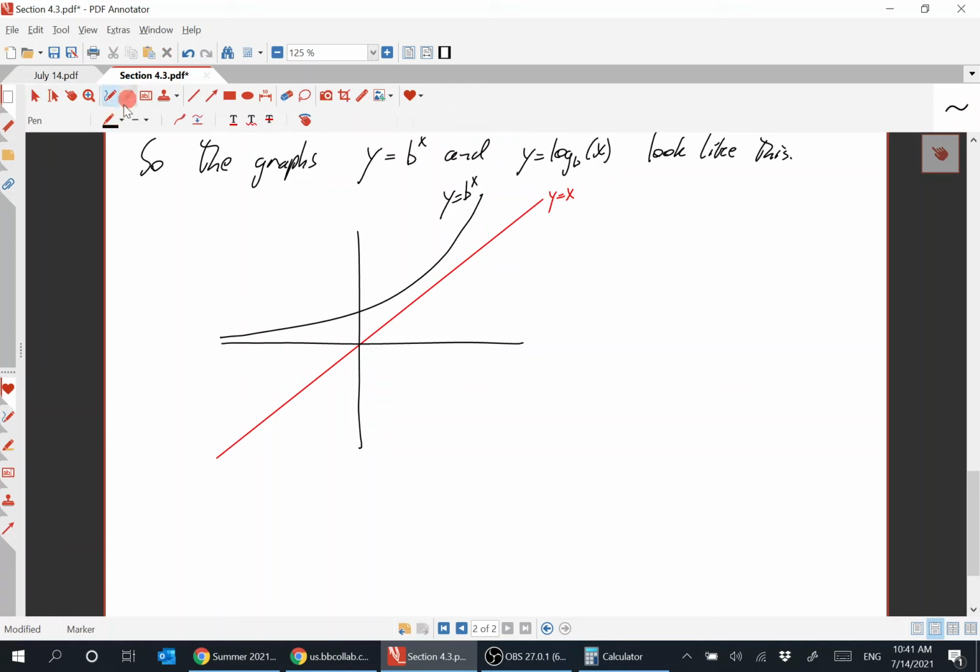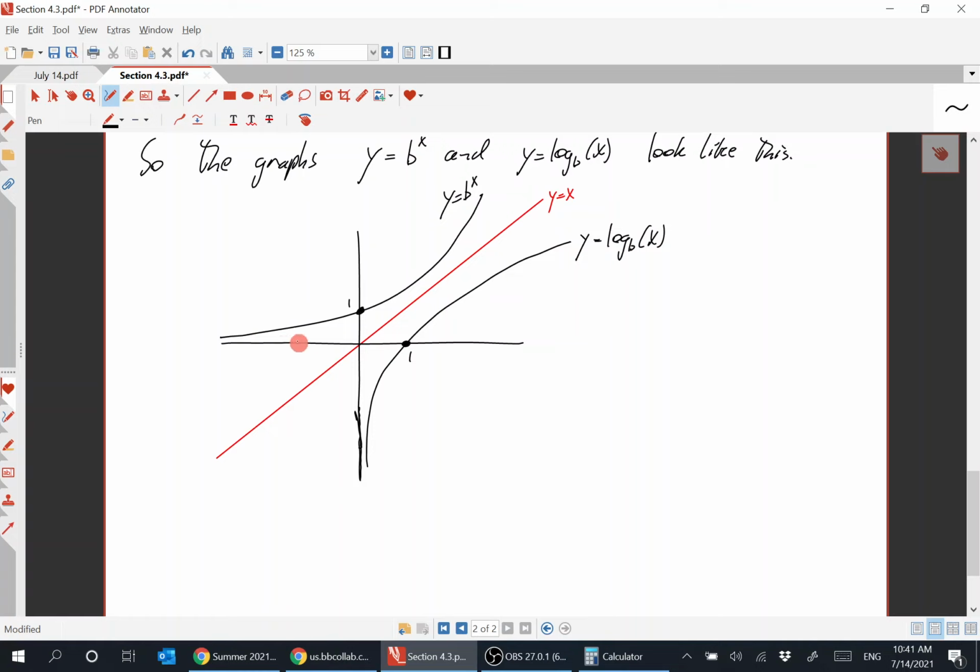So it looks like this. Log base b of x. Here the y-intercept is 1, so here the x-intercept is at 1.